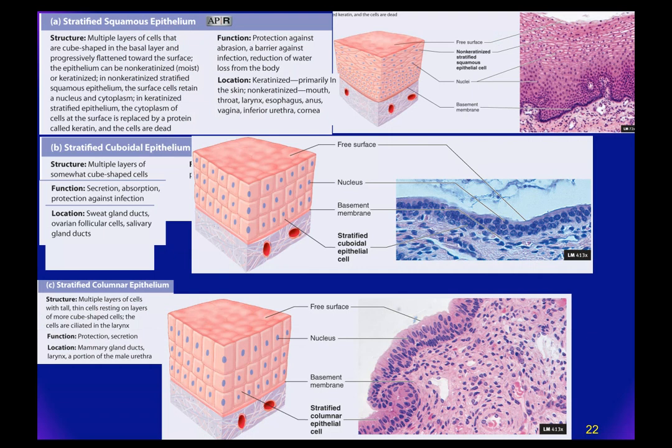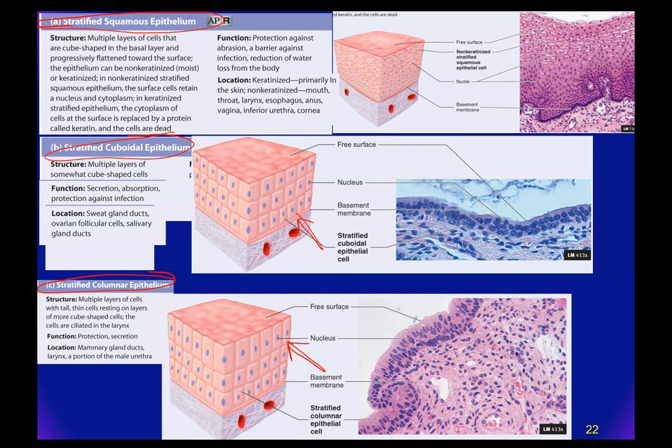So, I know that this is stratified, more than one layer, and they're squished: stratified squamous epithelium. I know that these are cuboidal, and it's more than one layer: stratified cuboidal epithelium. I know that these are column-shaped, and there's more than one layer: stratified columnar epithelium. Okay?